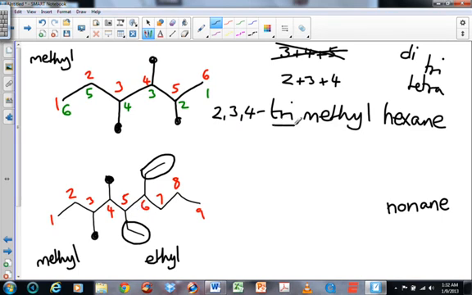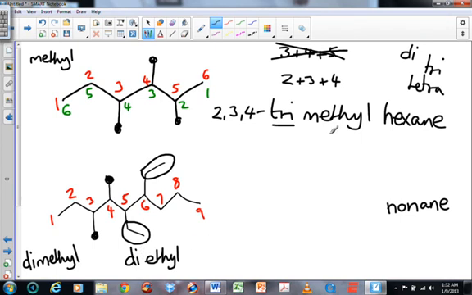Also, we need the prefix to tell us how many of each substituent we have. We have 2 methyls, and di is the prefix for 2, so we'll have dimethyl. I've got 2 ethyl groups as well, so diethyl.